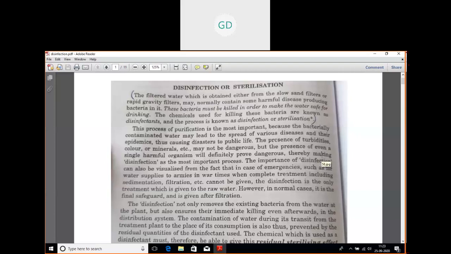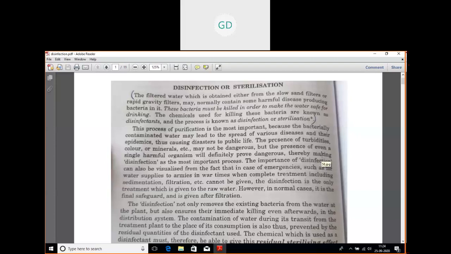After filtration, the water might still contain some harmful disease causing, pathogenic bacteria. Those bacteria can be killed, because you have to make that water safe for supplying to the public.